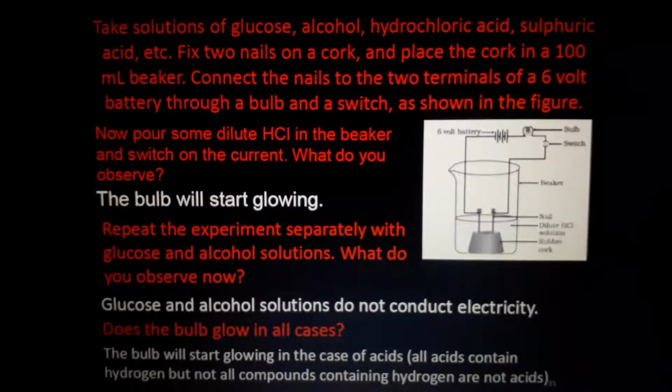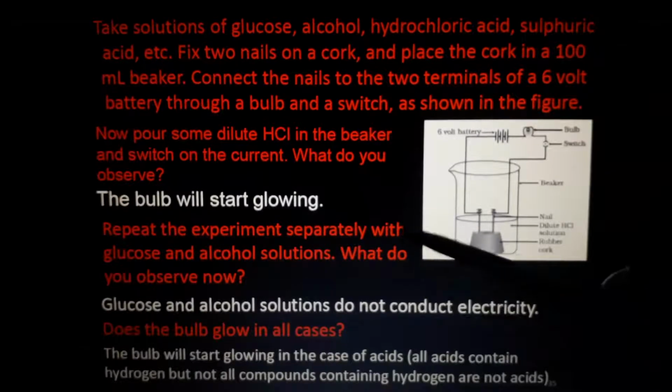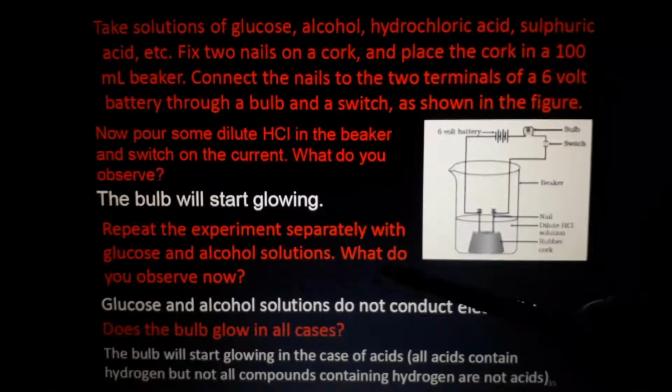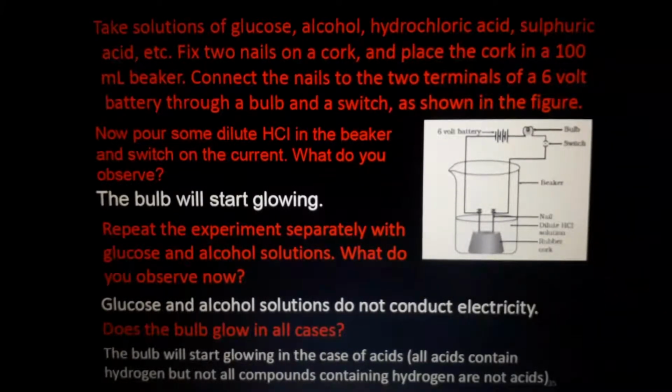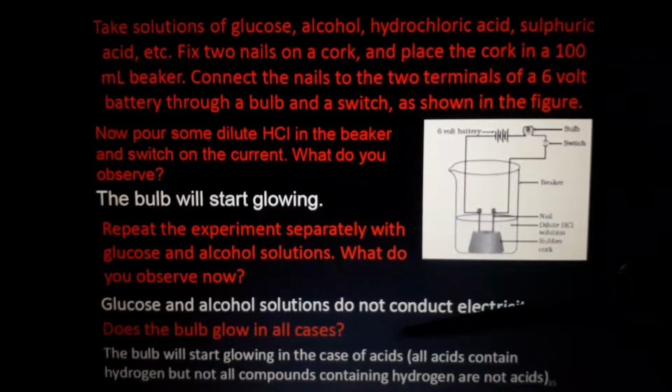Not only hydrochloric acid, most acids can conduct electricity. Repeat the experiment separately with glucose and alcohol solution. What do you observe? Glucose and alcohol solutions do not conduct electricity. Does the bulb glow in all cases? The bulb will glow only in the case of acid.